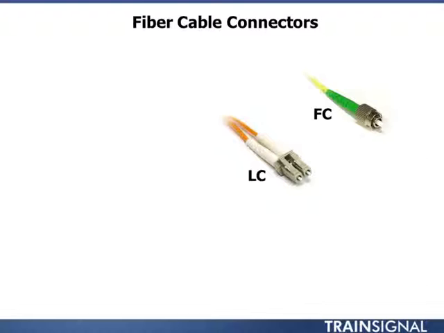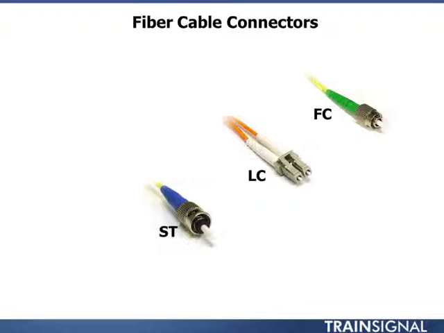As you might suspect, there are a number of different types of fiber optic connectors. The first is called the FC connector. This is basically a screw-on type of connector. I've actually used these in installations. LC, sometimes referred to as little click because you simply push it in and it clicks. ST, which is another type of basically twist and click type of fastener. An ST is sometimes called stick and twist.